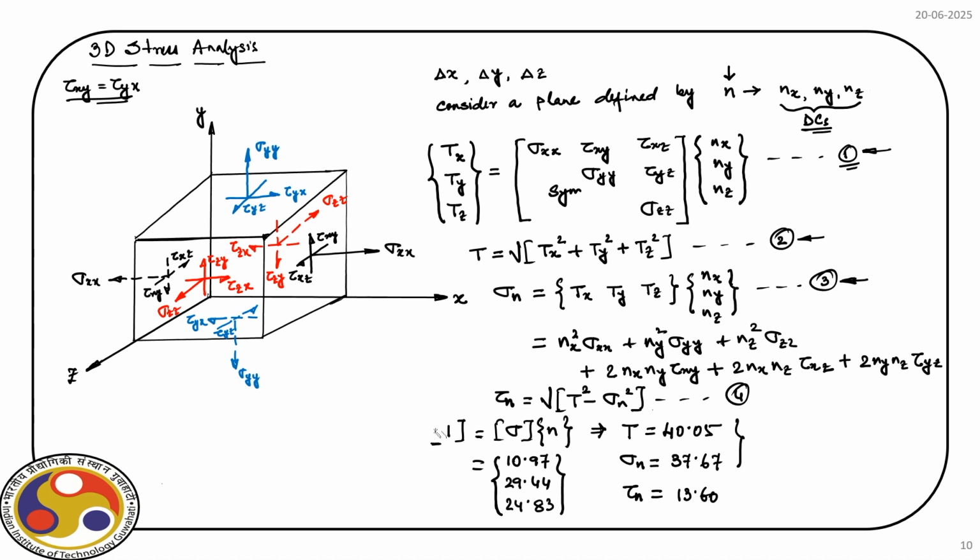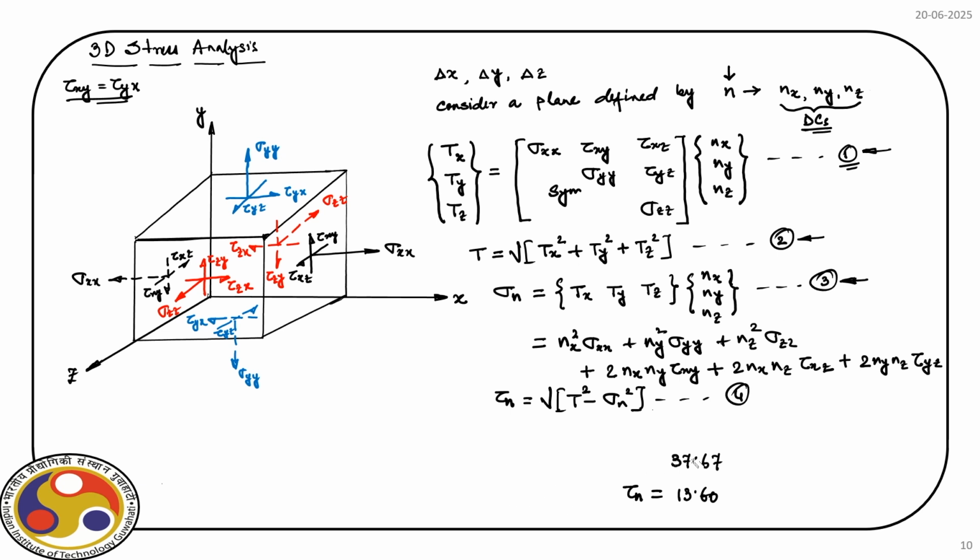So, what we have to do, we will start from say x plane, and the left one is marked on your screen, and then we will consider the variation of this stress as we move along the x axis. Obviously, the dimension of this block is delta x, delta y, delta z.